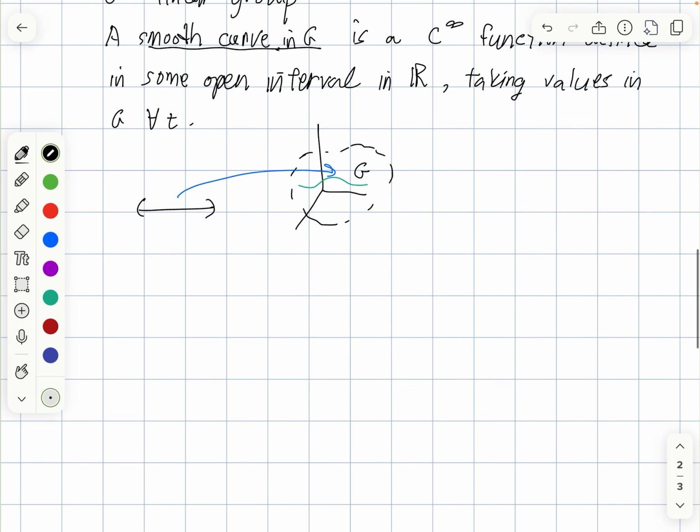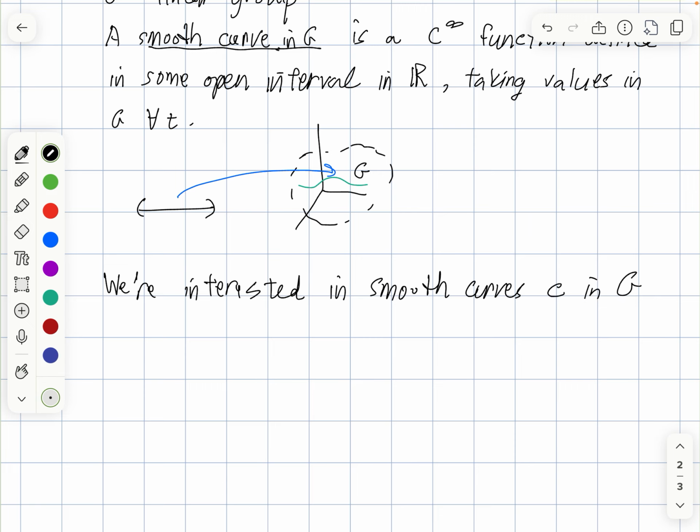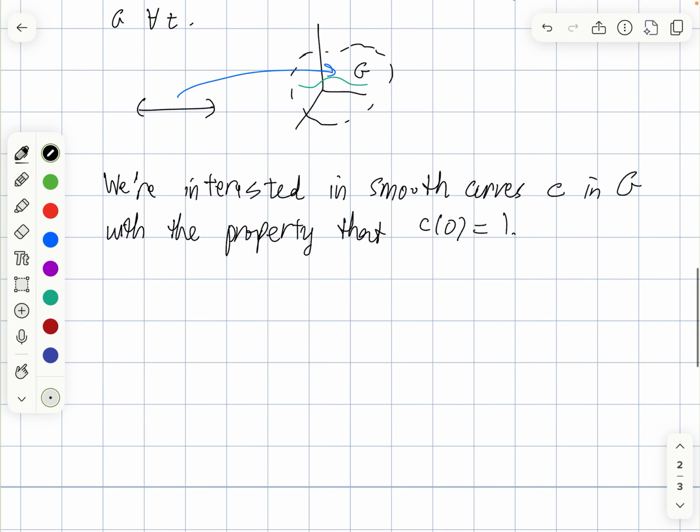Okay. Now, when you have something like this, we're actually interested not in all smooth curves per se, but we're interested in smooth curves C in G with the property that C of 0 is equal to 1.